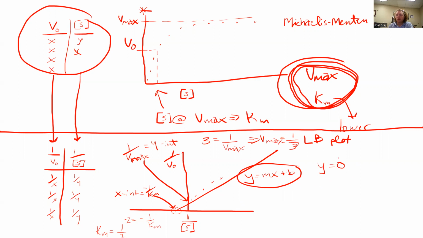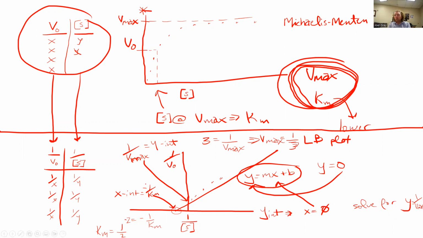So if you're trying to solve for your x-intercept, you would plug in 0 for y. If you're trying to solve for your y-intercept, you would take x equals 0, plug that in here, and solve for y. And as soon as you've solved for y, then what you have equals 1 over Vmax.